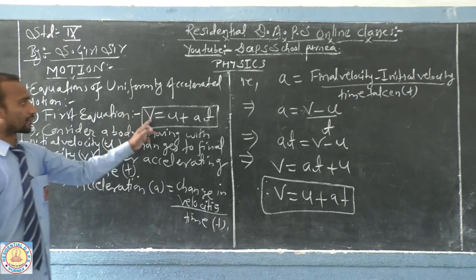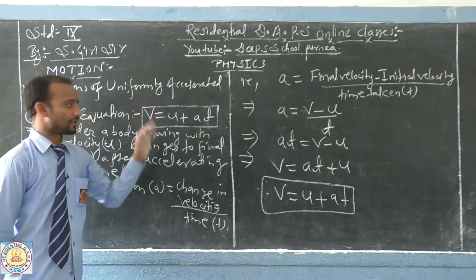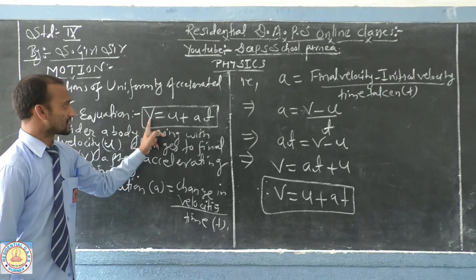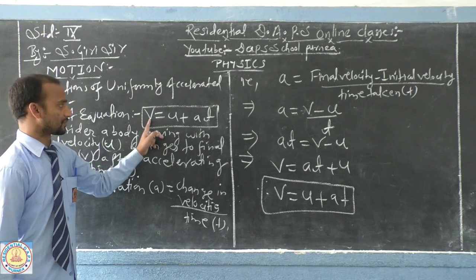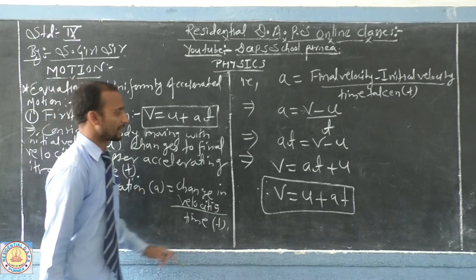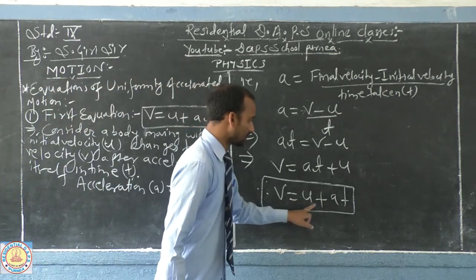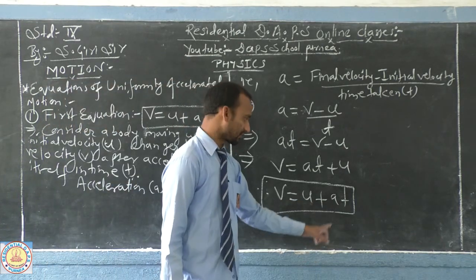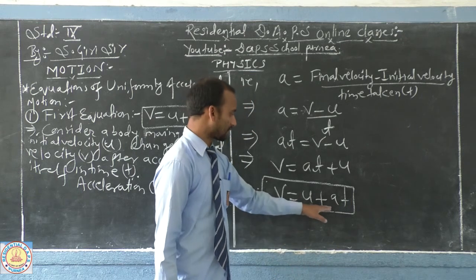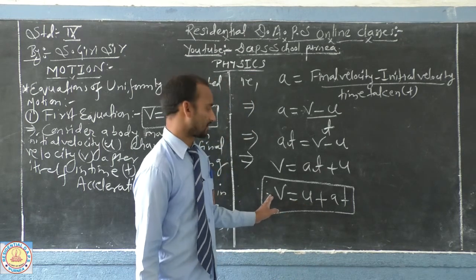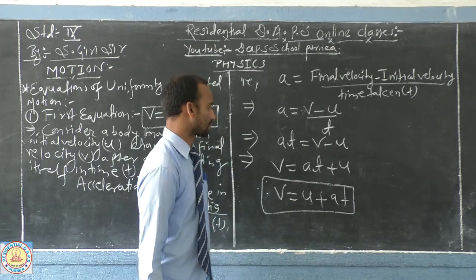Using this formula you can easily calculate the final velocity: if you know the initial velocity u, the acceleration a, and the time taken t, then by putting those values in this equation you can calculate the final velocity v.